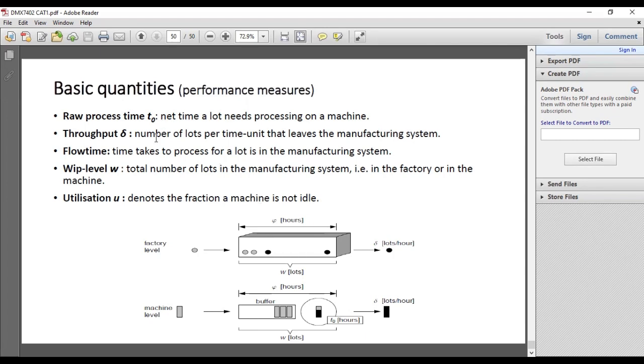We will discuss this later on. For now you just remember these terms. Utilization is for one machine: here it's processing and this is the machine.